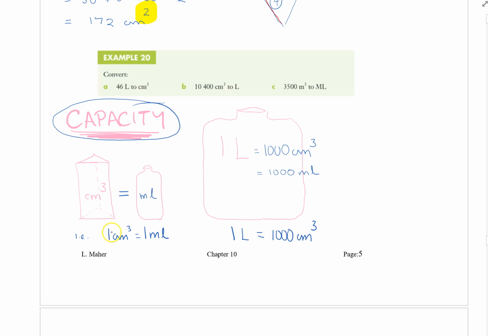The conversion factor is fairly simple. Once you've got centimetres cubed, if you're calculating volume in centimetres cubed, you can convert it directly. Every 1 centimetre cubed is 1 mil. To get your centimetres cubed, you must calculate the volume.